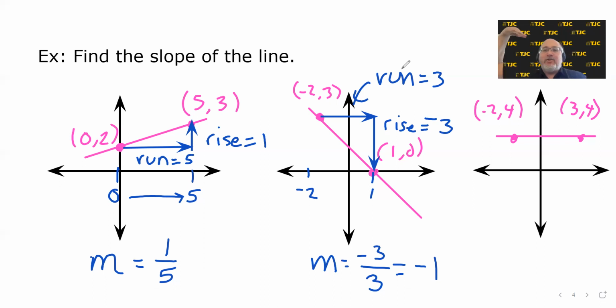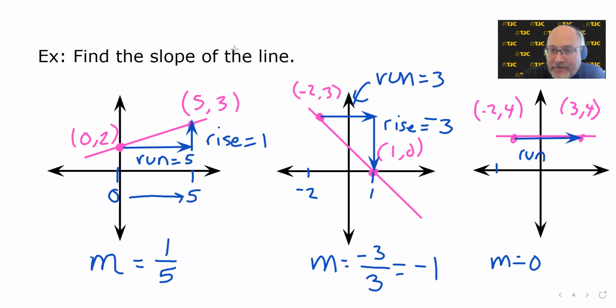But if a line is decreasing from left to right, then it will have a negative slope. And as far as the last one, well, its slope's going to be 0. Why? Because if I run from the first point to the next, I would run, well, let's think about this.